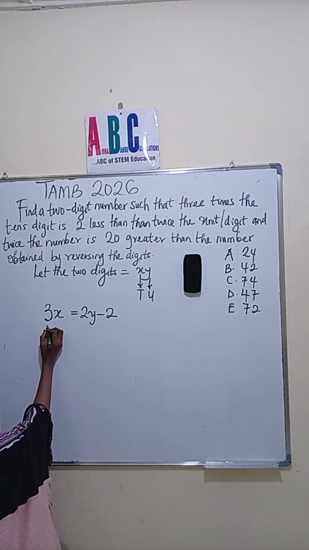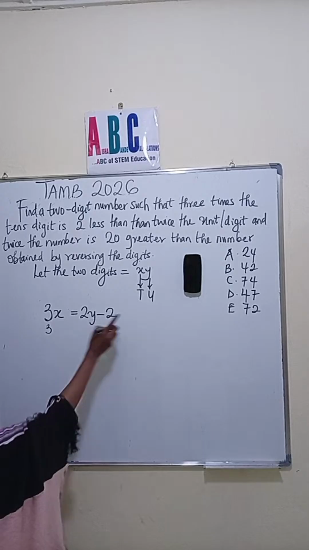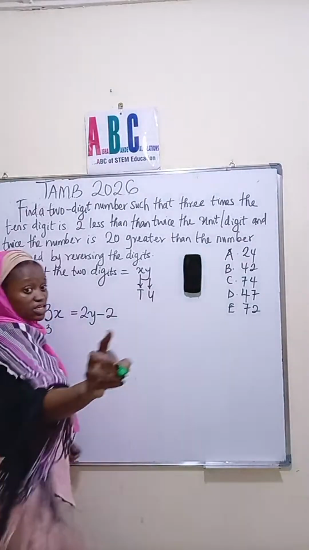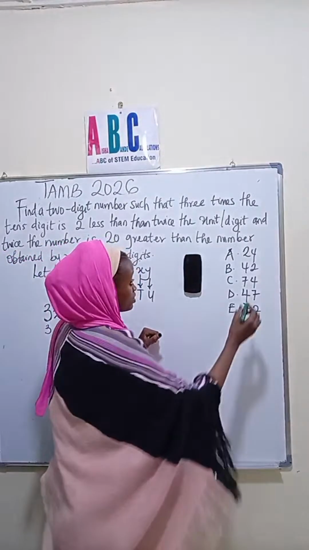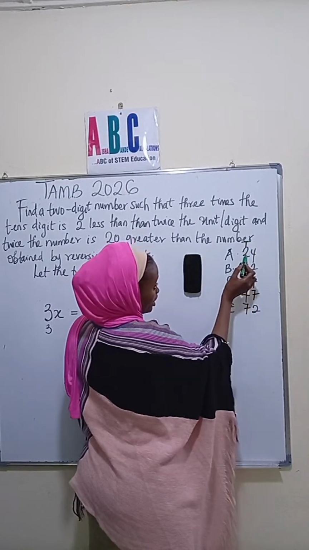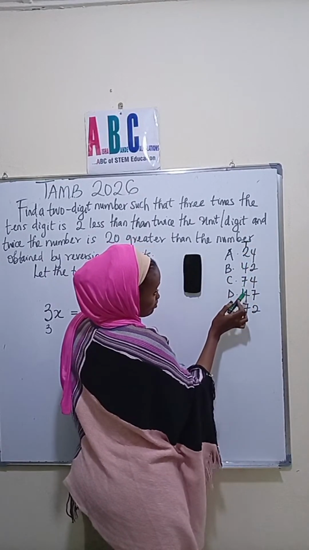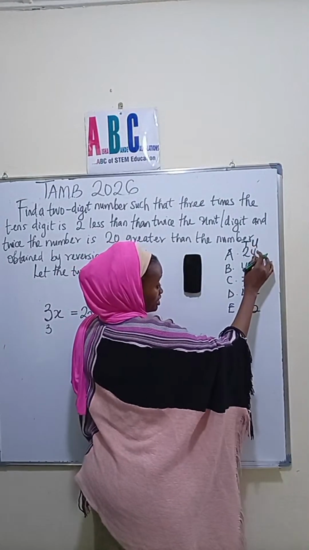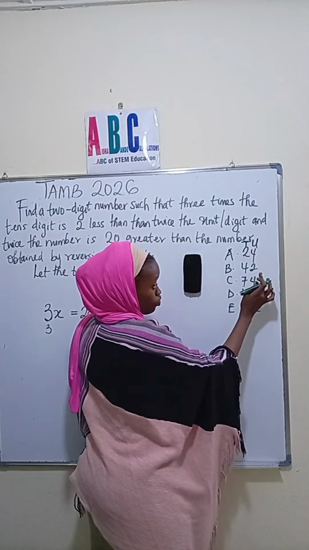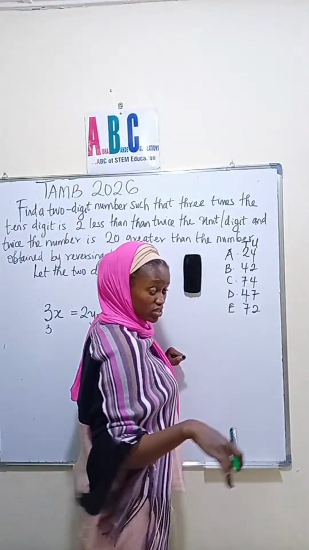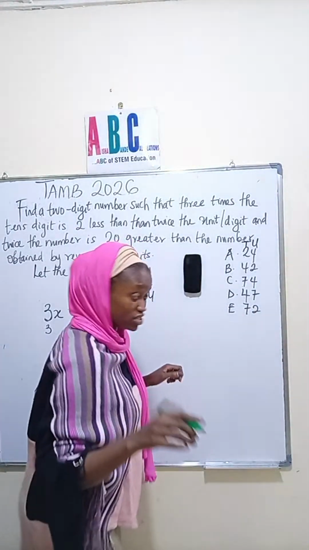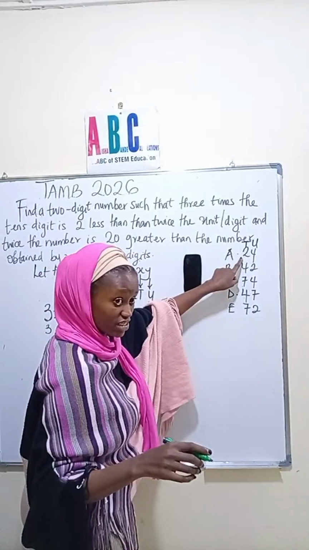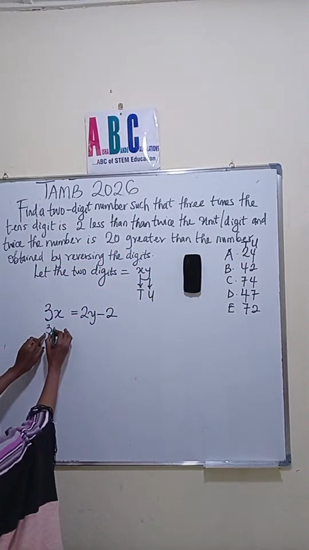We are using 2 first. Let me just tell them something. All these values here, 2, 4, 7, 4, 7, are the tens. Then on the answers, these 4, 2, 4, 7, 2 are the units. Hope you understand. So now you want to take the value for the tens first. So we are substituting for tens, right?